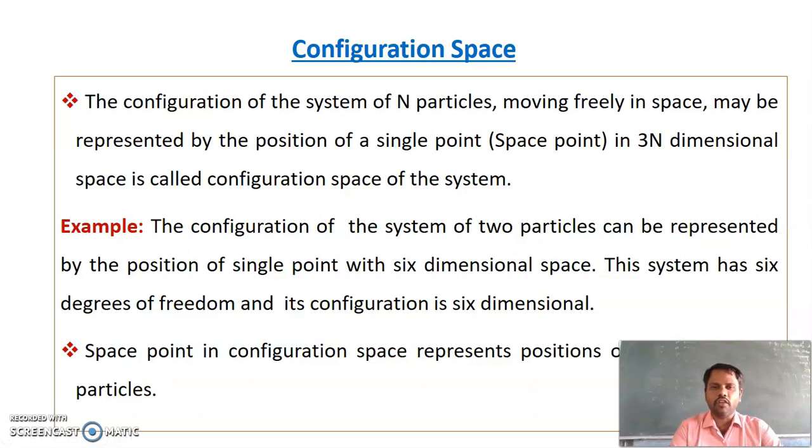Example, the configuration of a system of 2 particles can be represented by the position of a single point in 6-dimensional space. So this system has 6 degrees of freedom and its configuration space is 6-dimensional. Note that a space point in configuration space represents the position of the constituent particles.